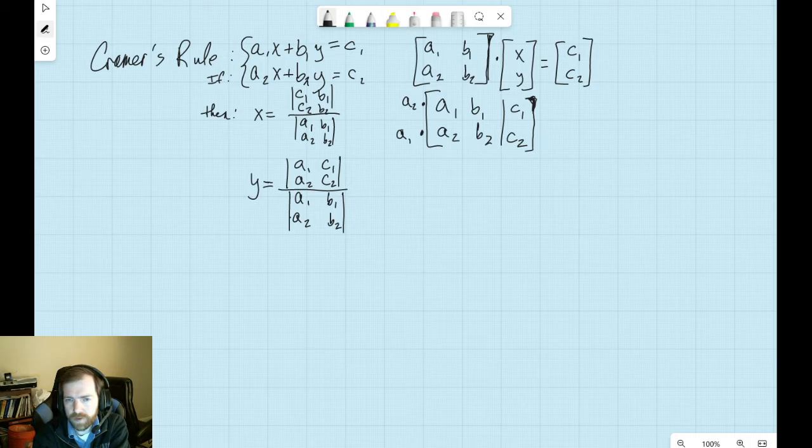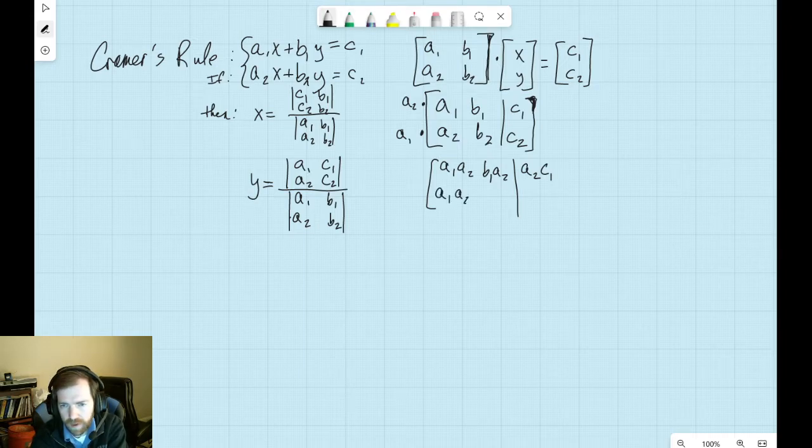Alright, so here we've got a1, a2, b1, a2, augmented with a2, c1, and a1, a2. This needs to have opposite signs somewhere, so arbitrarily assigning it to the bottom.